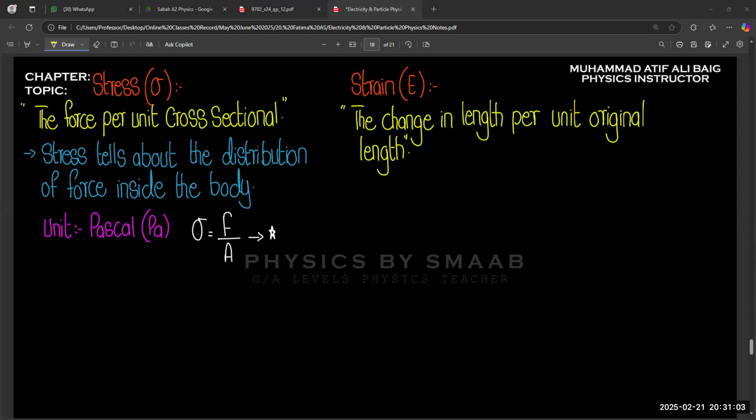So strain is change in length per unit original length. Change in length means extension divided by original length capital L.